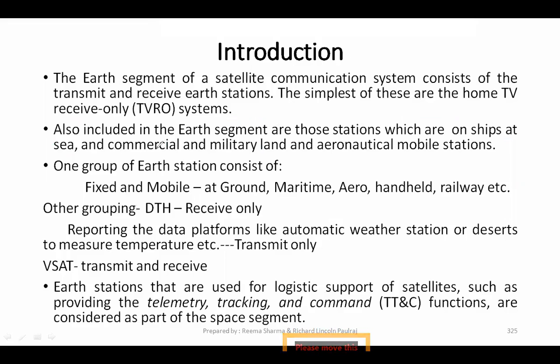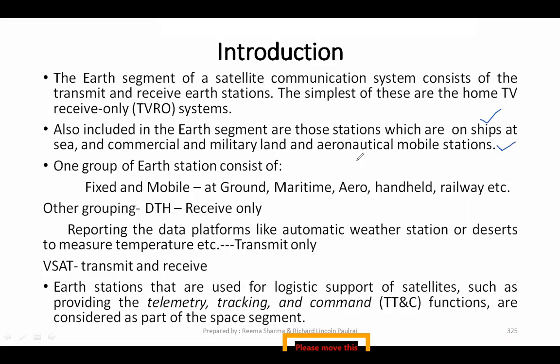And commercial and military land and aeronautical mobile stations. So these are some ways in which we can host or use our satellites: on ships at sea, and in commercial and military land and aeronautical mobile stations.